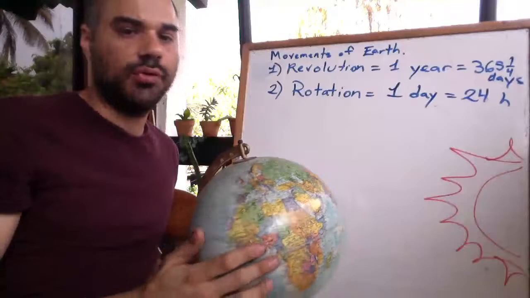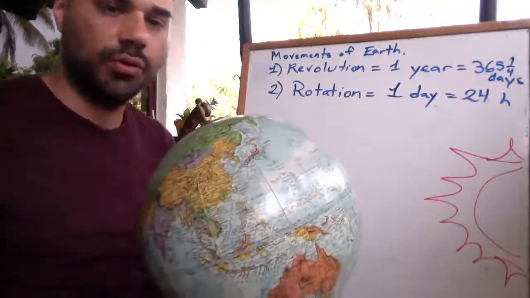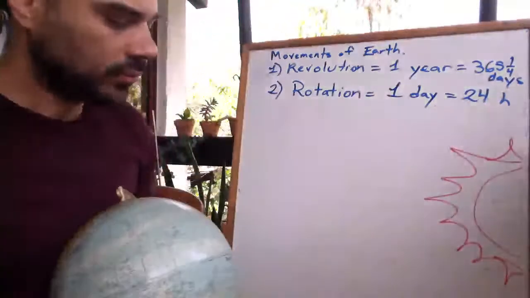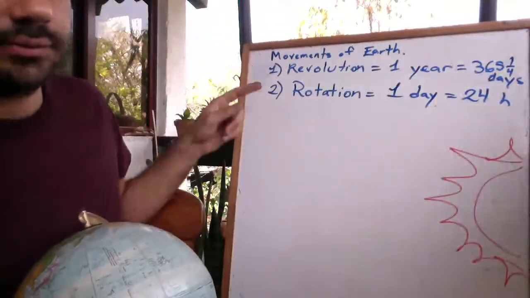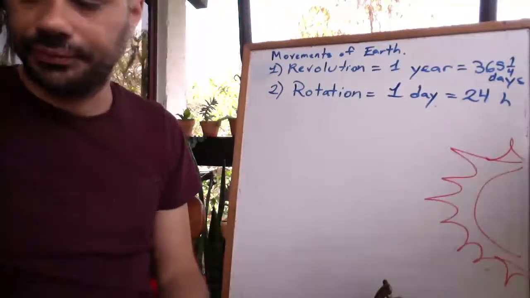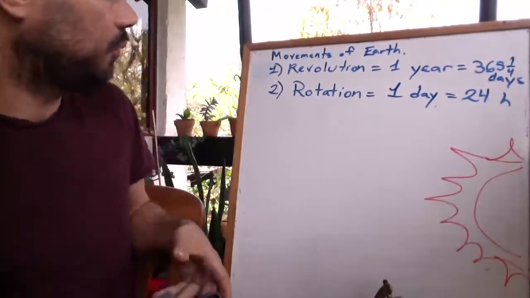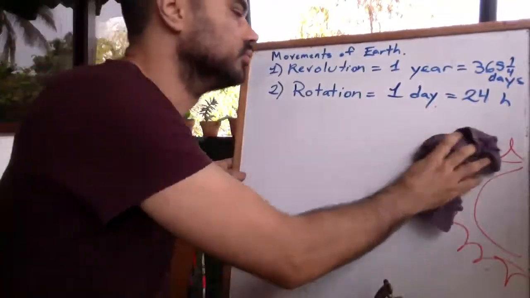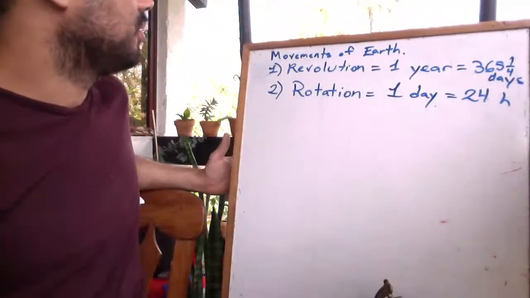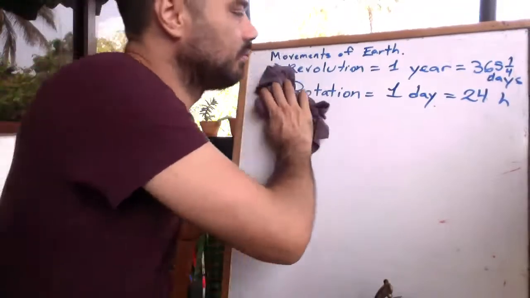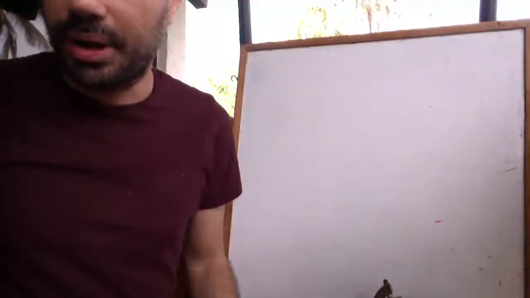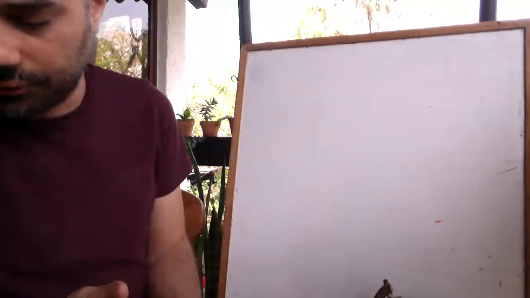And as it is moving in this way, it is also moving around the sun. So we have these two basic movements. Now, we have to learn a little bit more about the movements of the Earth, because they have a lot of impact on the Earth itself.